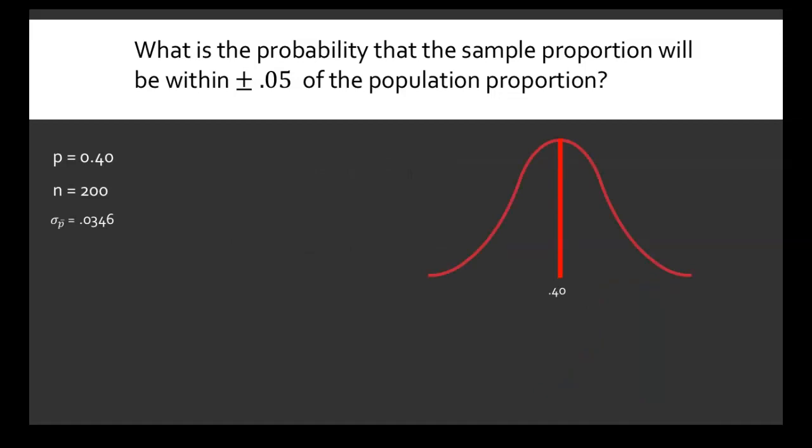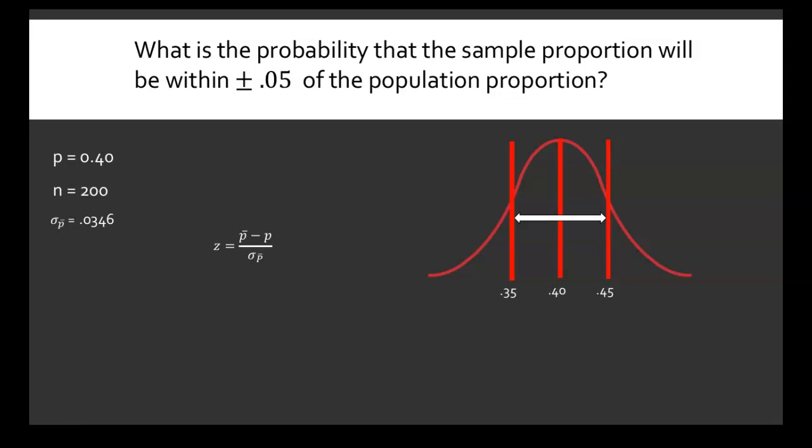So we want to now find out the probability within plus or minus 0.05. So now we're looking at 0.35 and 0.45 in this problem. And again, we want to know the area between those 2 points on our bell curve. In order to find that area, we need to find our z-scores, right?